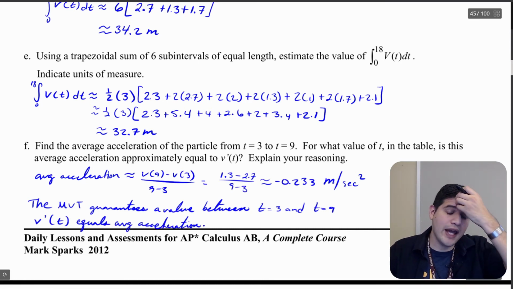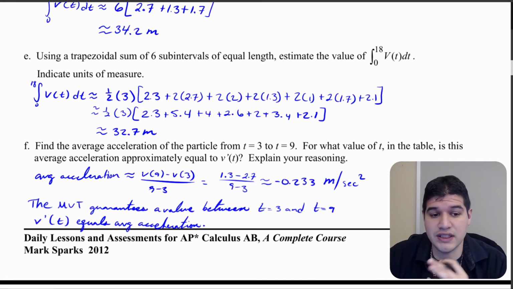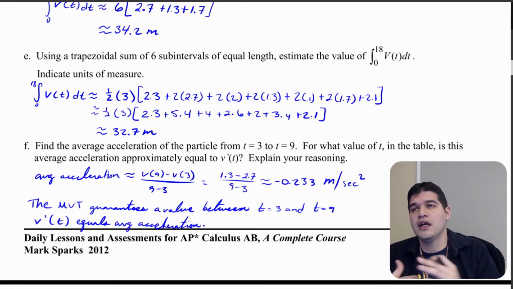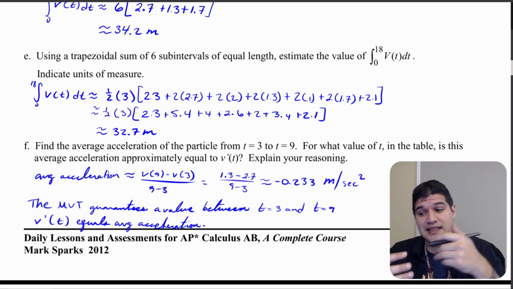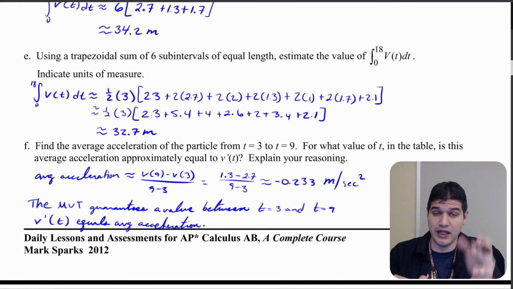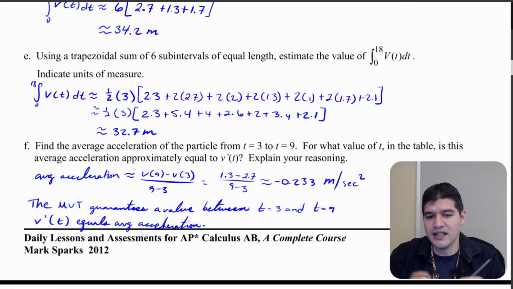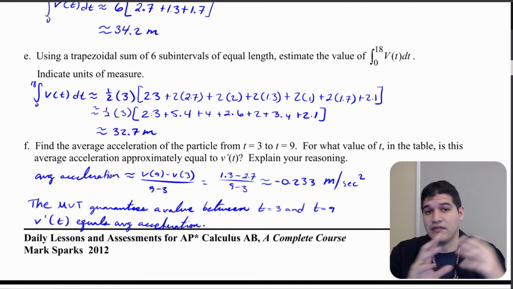From our table, since we're finding the average acceleration from 3 to 9, we can't pull too much from the table, but we can say that v prime of 6, because that happens between 3 and 9 right there in the middle, is roughly approximately equal to the average acceleration.